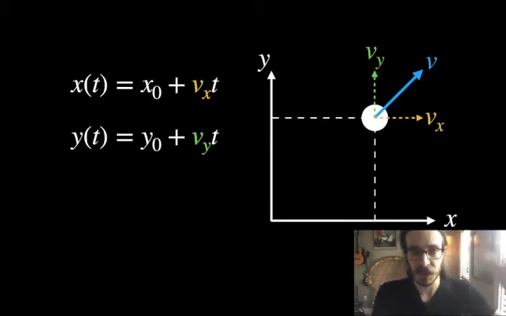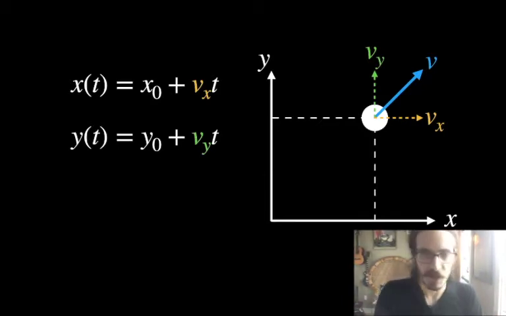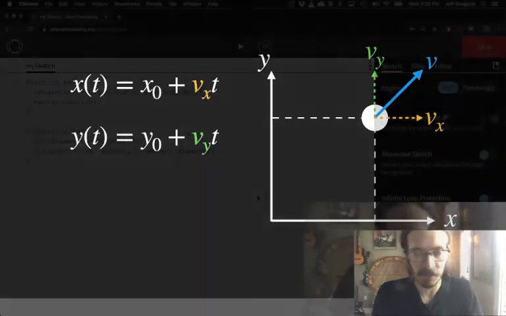We have an initial vertical coordinate, and we add the vertical component of the velocity multiplied by time. It's as simple as that. So you can imagine generalizing to 3 dimensions, even 4 dimensions, 5 dimensions. We can't visualize anything at that point, but this math generalizes. So you'll have one of these equations for every dimension you want to add.